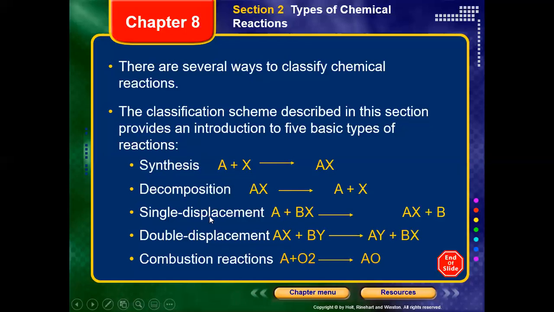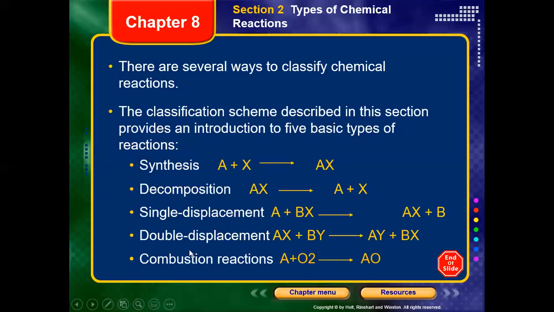In a single displacement reaction, an element reacts with a compound, and this element tries to take the place of one of the elements in the compound. The single displacement reaction depends on the activity series, or the reactivity series. If the element is highly reactive, it can replace another element in the compound, forming a new compound and producing a new element.